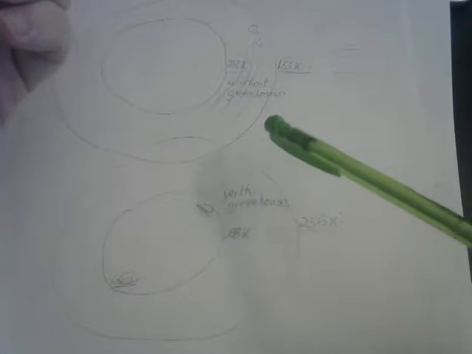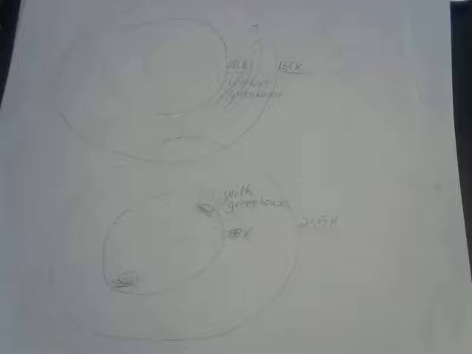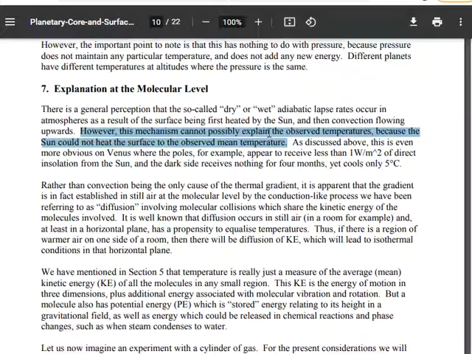So he's not criticizing this model. He's criticizing his own model, unfortunately. So he's right. The dry adiabatic lapse rates do not explain the observed temperatures. Okay, because the greenhouse gas effect is not the same. Make no mistake, the adiabatic lapse rate is a different phenomenon than the greenhouse gas phenomenon.